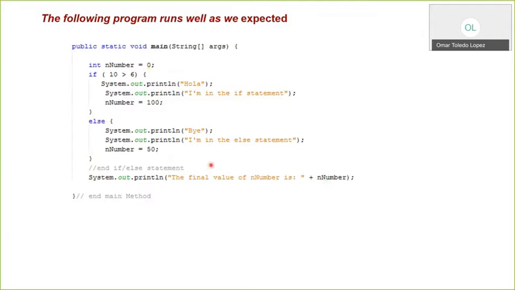What is the value of nNumber? 50 or 100? We never get inside the else, right? At the beginning nNumber was 0, but then we assigned 100 to nNumber. So we're going to display 100. Hola, and in the if statement, the final value of nNumber is 100. Okay, this is what we know, right? Let's see the next example.